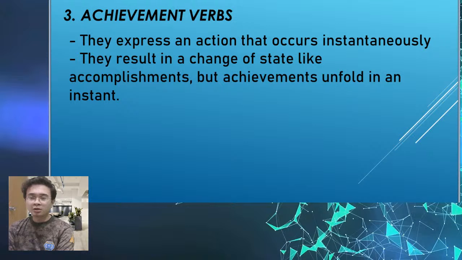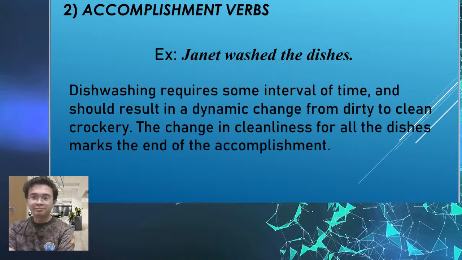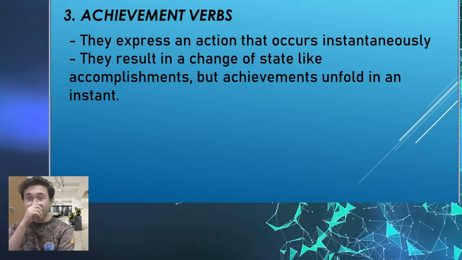So that's why it is different from the accomplishment verb, because for an accomplishment verb, it takes a long time for the action to be finished. But for achievement verbs, this action happens quickly or instantaneously.